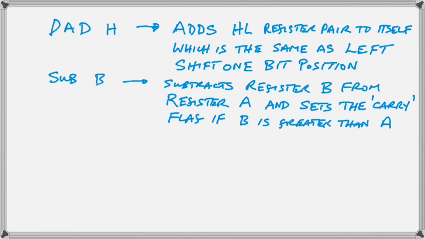That's going to allow us to determine whether B is greater than A or A is greater than B. And we need to know that because we let the subtraction stand if it's valid. If the B is less than the A, we let the subtraction stand. But if the B is more than the A, we need to restore the A register to what it was before, as I indicated when I gave you the code.